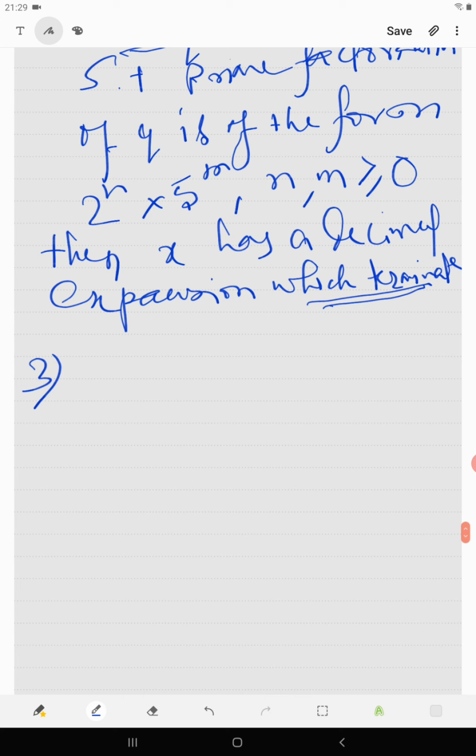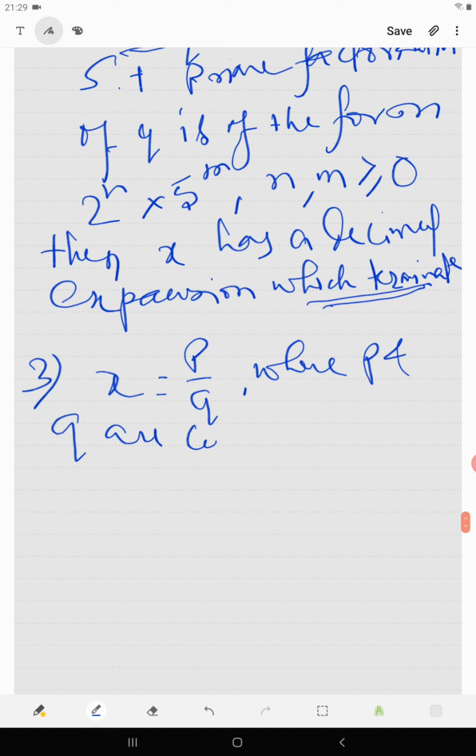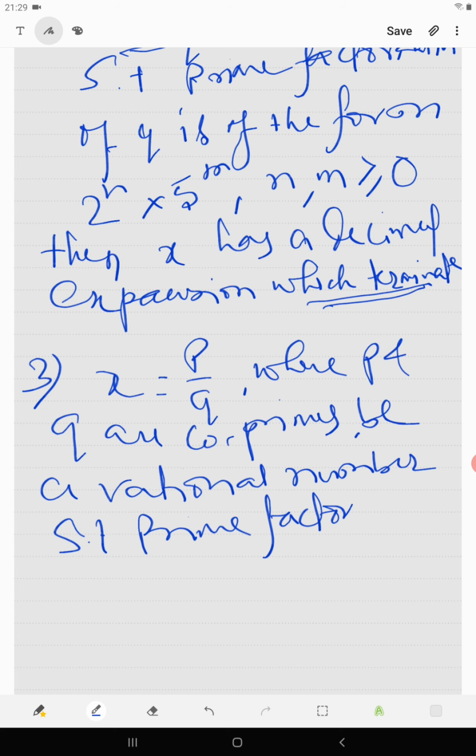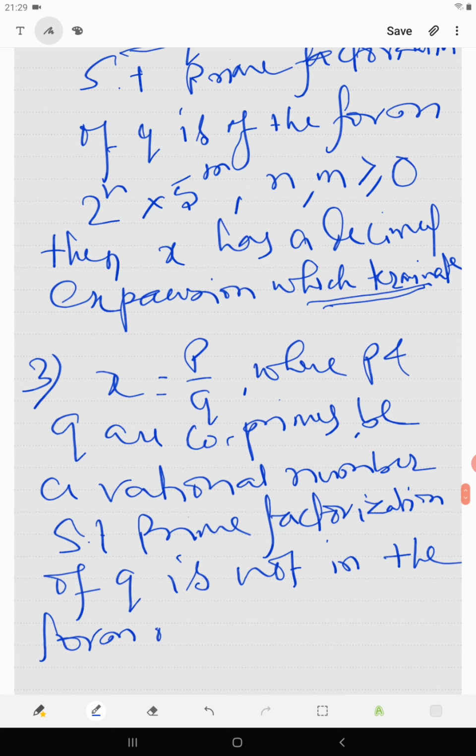That theorem tells that if x equals p by q, where p and q are co-primes, be a rational number, such that the prime factorization of q is not in the form of 2 to the power n into 5 to the power m.